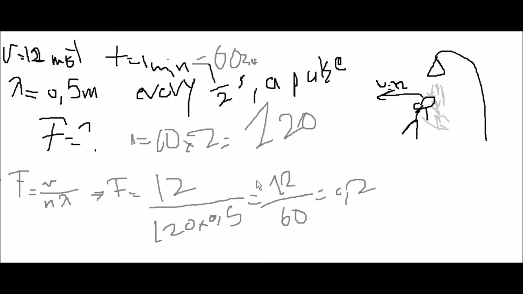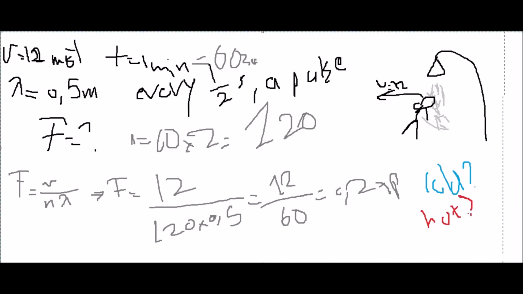Let's calculate this. 12 divided by 60, yes, it's 0.2. So now we know the temporal of this is TP, temporal is 0.2, but now we need to identify it. Is it cold or is it hot? I'll explain it to you. Remember, temporal is 0.2.